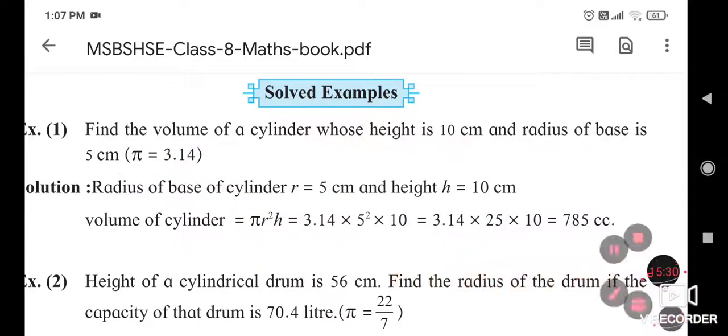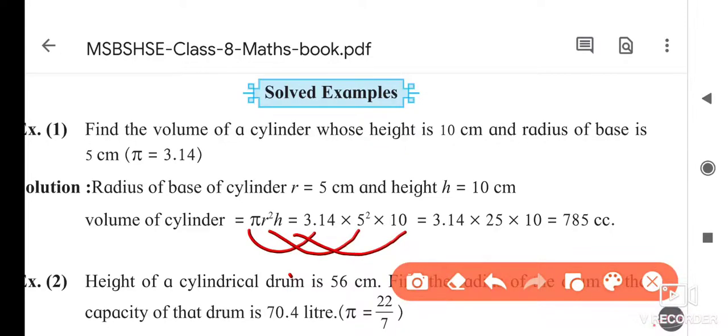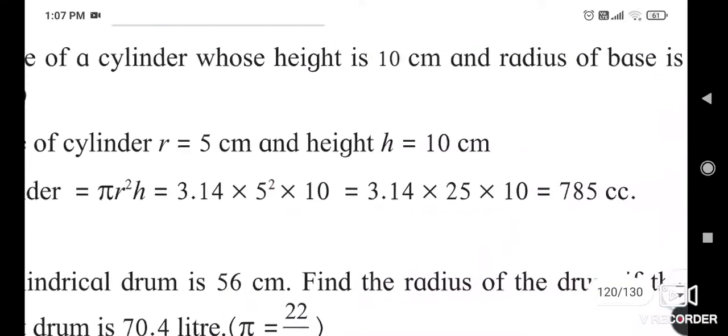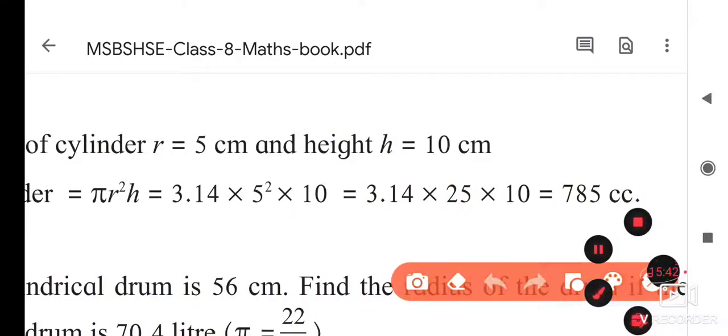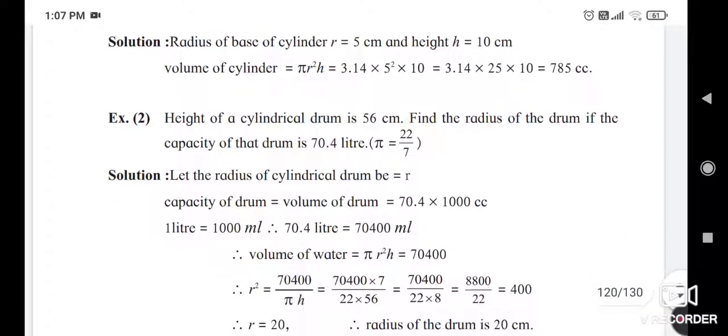Pi's value is already given here. So pi is equal to 3.14, radius 5 square, and height 10. So 3.14, 5 square is 25, into 10. When you do the multiplication, you will get 785 cubic centimeter.